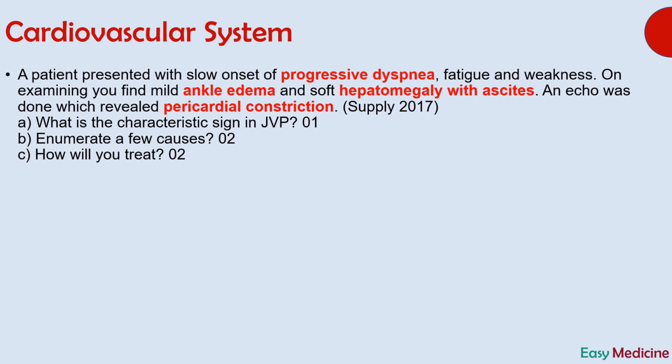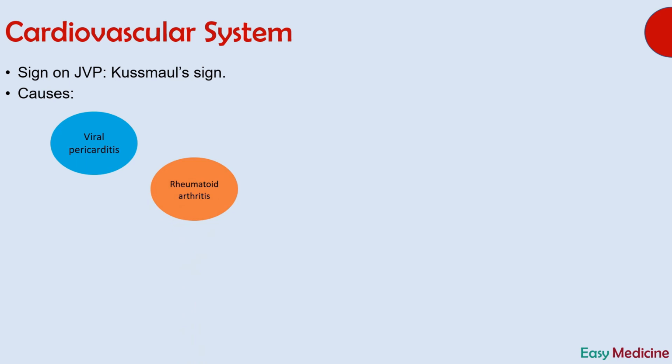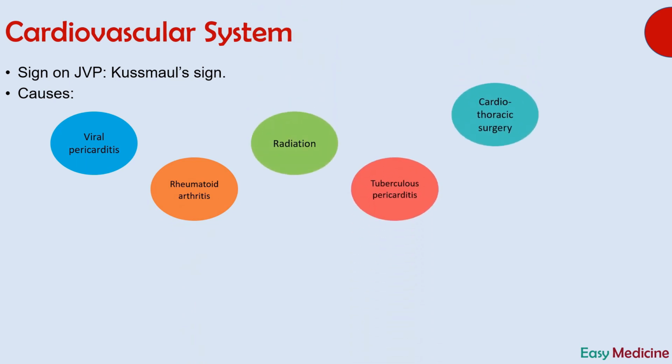Let's see the answer. Since the question asked about the sign found on JVP in a patient with constrictive pericarditis, that sign is Kussmaul's sign. The next part of the question asked about causes of this condition, and they include viral pericarditis, rheumatoid arthritis, radiation, tuberculous pericarditis, and cardiothoracic surgery. And among these, the top 3 causes of this condition are viral pericarditis, radiation, and cardiothoracic surgery.